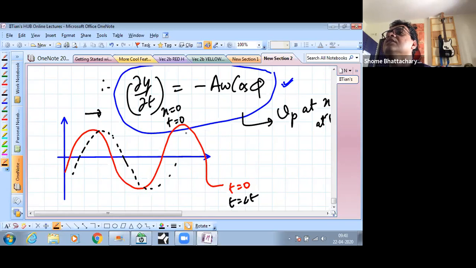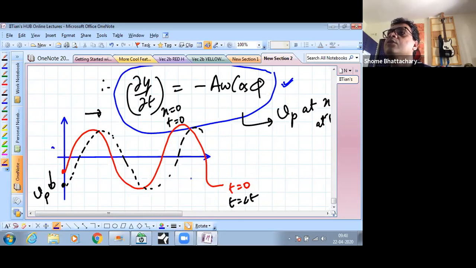That means the position of the particle at x equal to 0 has shifted from this point down to the lower point. It has come here.